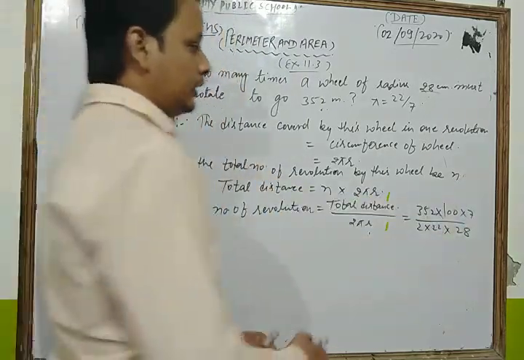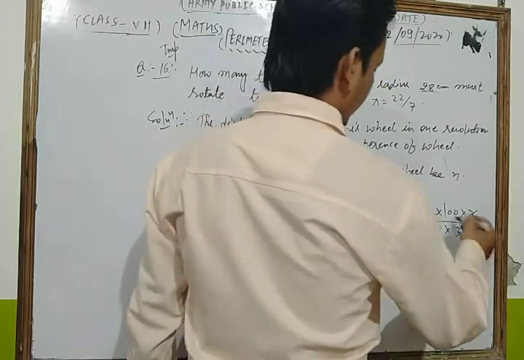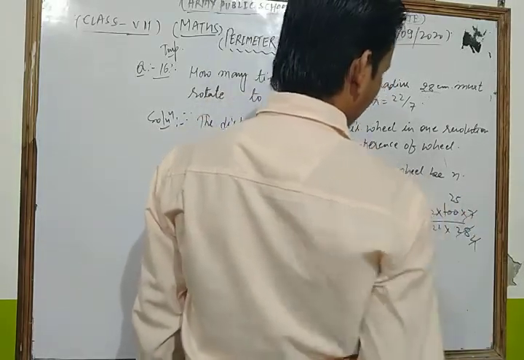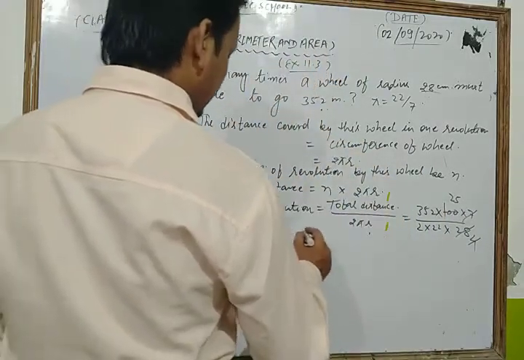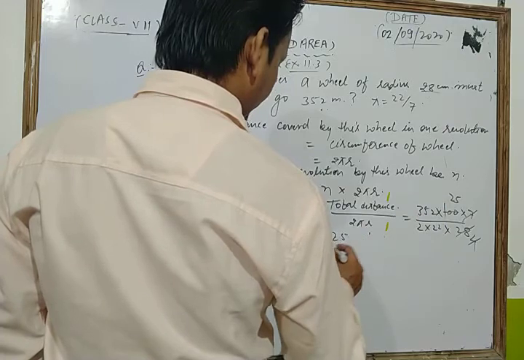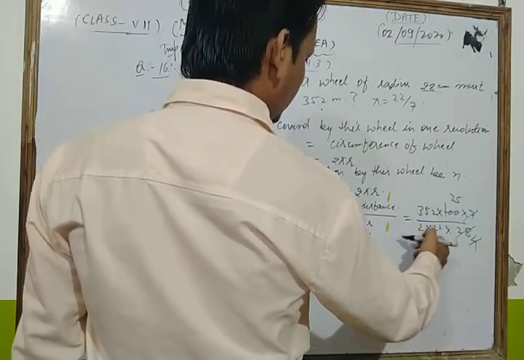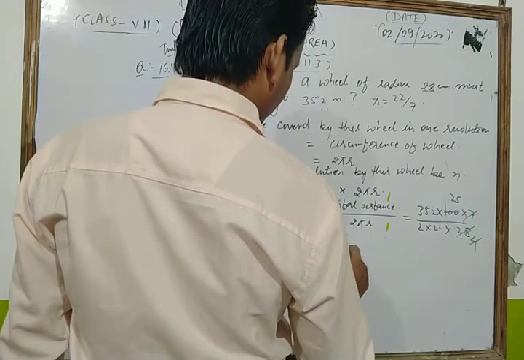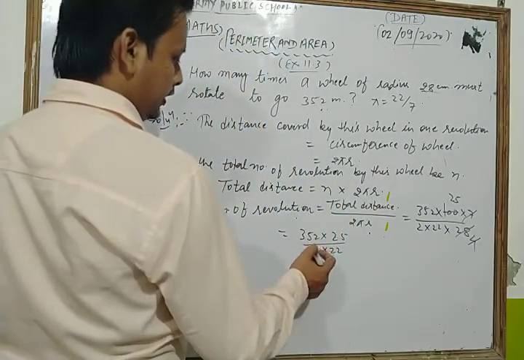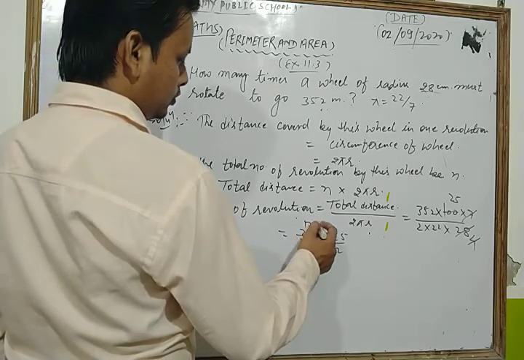Now after solving, 7 into 4 is 28, so 4, that is 25. Now what do I get? 352 into 25 upon 2 into 22. Now 3 ones are 3, 2 ones are 2, 6.